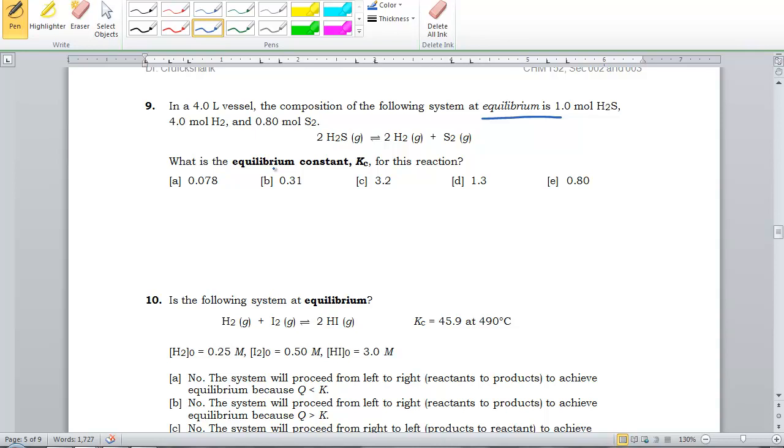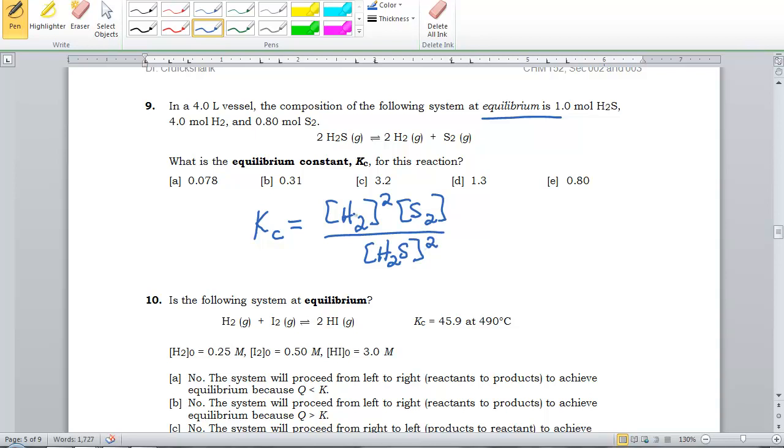That means you do not need an ICE table. No ICE table needed. So we do know that our Kc expression is products, hydrogen, raised to the power of the coefficient, 2, sulfur, power of the coefficient, 1, and then hydrogen sulfide H2S, power of the coefficient, squared.